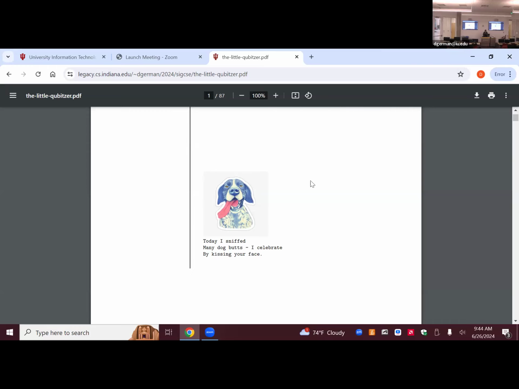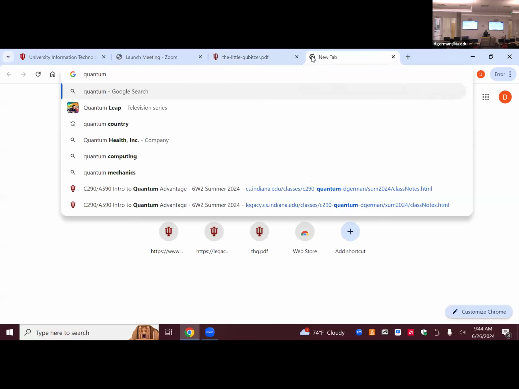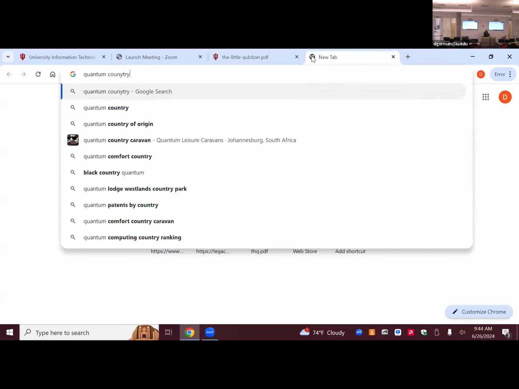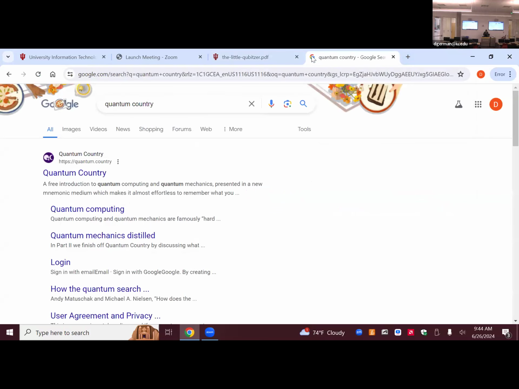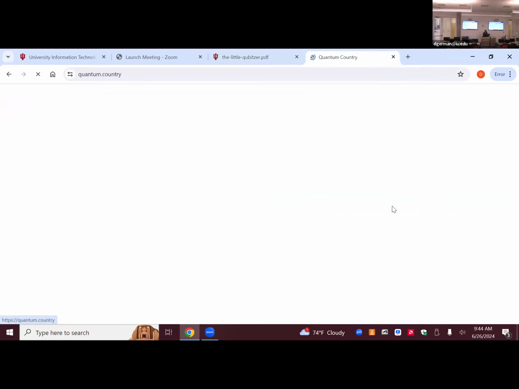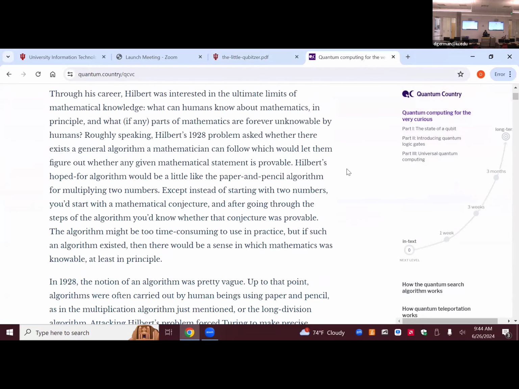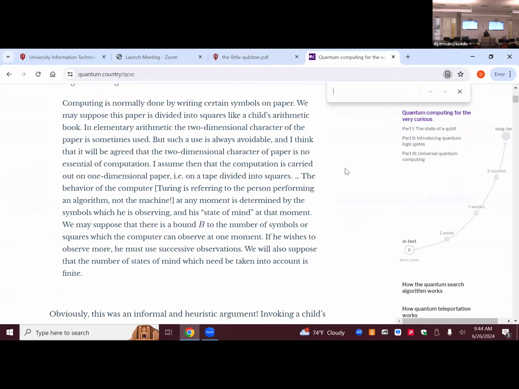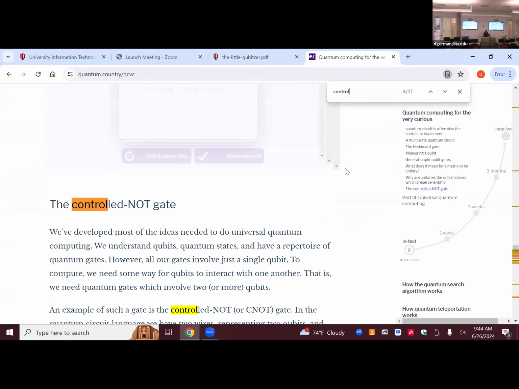We used to have, in fact, let me go back to Quantum Country. The whole point here was that that's how it started. So we were working with Quantum Country two years ago. And we found this exercise and I said, this is excellent. And the question was, how do we prove it? Control not, it's going to come up in a second.